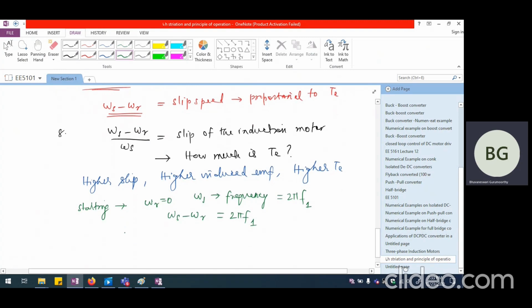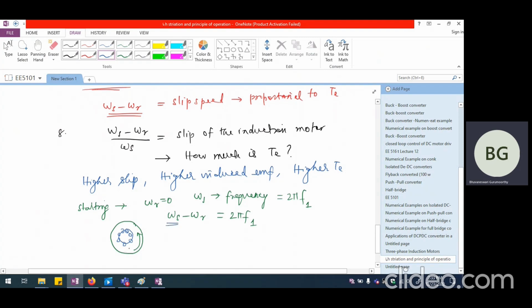If you look at the rotor conductors, if this is the stator and the revolving magnetic field is in this direction, and the rotor conductors are sitting at the outer periphery of this rotor cylinder, then under stationary condition they see the revolving magnetic field as omega s itself.